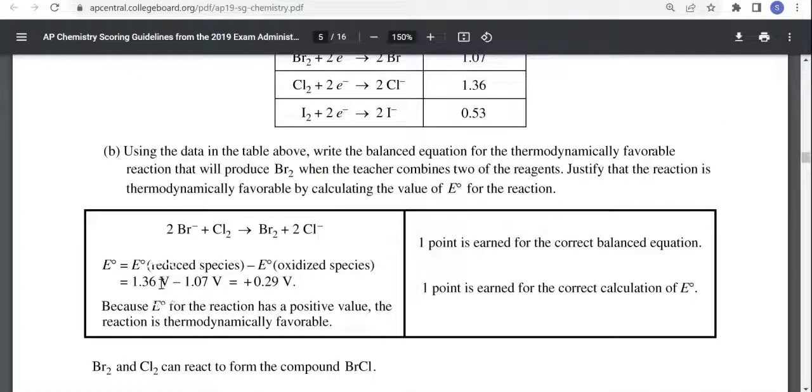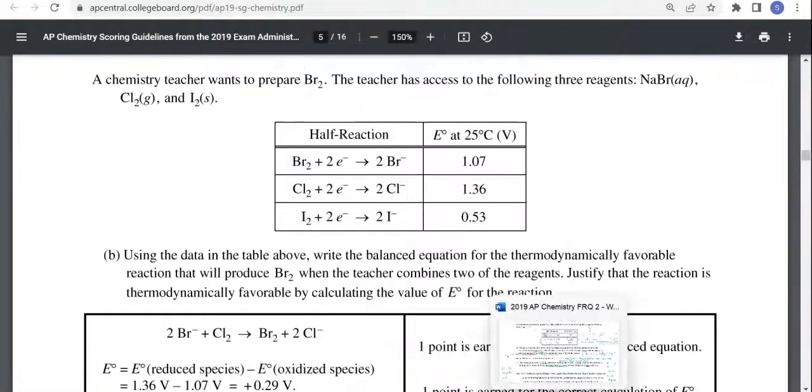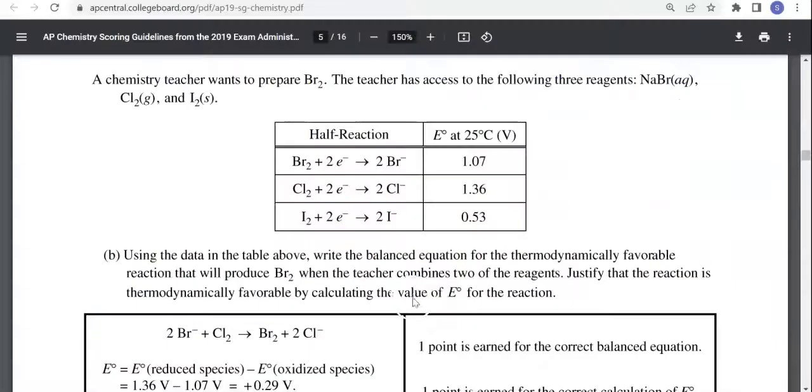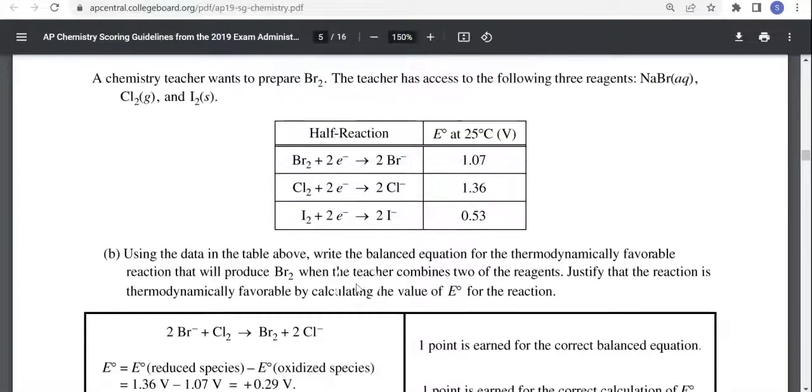They're showing another way to calculate cell potential. It really ends up being the same way, and I prefer calculating cell potential this way, where you flip the half reaction. But there's another equivalent way of doing it, which is what they're showing here, where you don't really flip it.